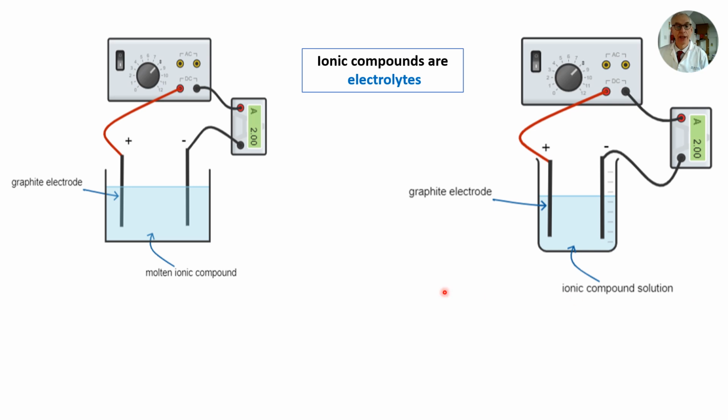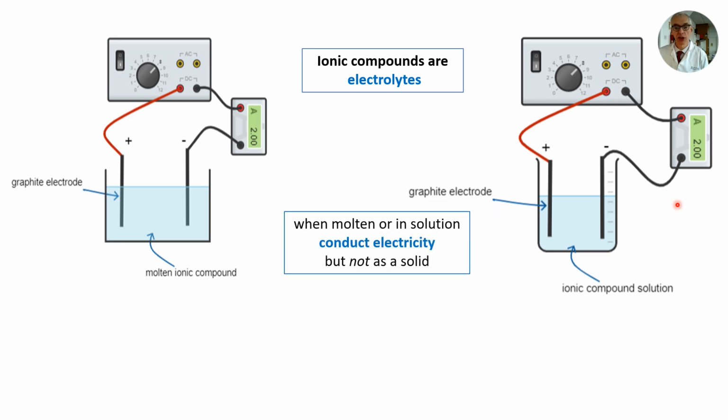And you'll see, as per my diagram, that in the molten state an ionic compound conducts electricity. I've got a voltage of 8 and a current measured at 2 amps. Similarly for the ionic compound in solution. So an electrolyte is a substance which, when molten or in solution, conducts electricity, but does not as a solid.